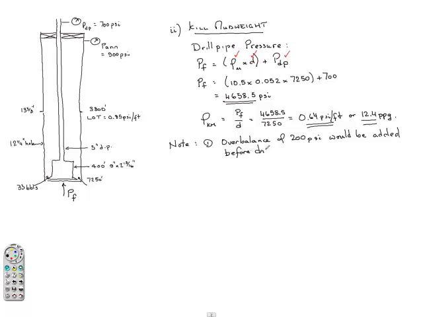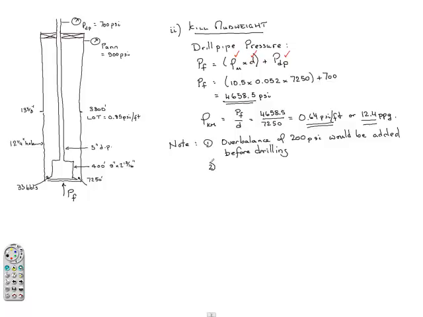In other words, I'm going to kill the well with the 12.4 pound per gallon mud, but then before I drill ahead, I'll add an additional 200 psi to this pressure here, which will give me an overbalance of 200 psi over the formation pressure, and that is the mud I'll use to drill ahead.